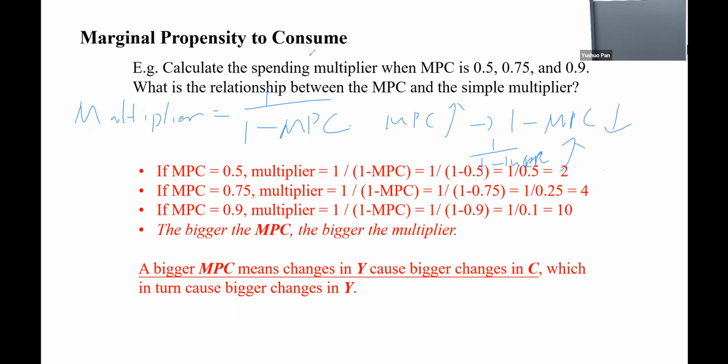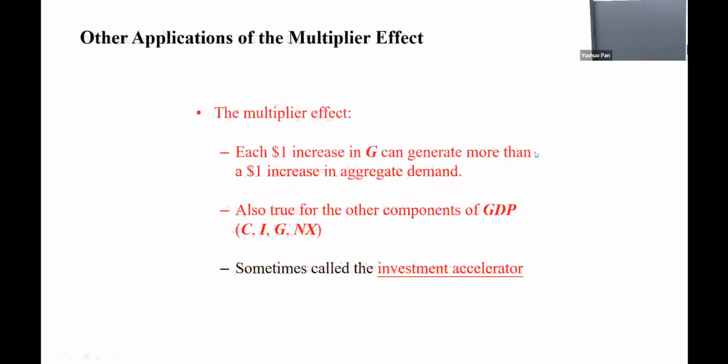A big MPC means changes in Y cause a big change in C, which in turn causes a bigger change in Y. The multiplier effect. From the example, it means each $1 increase in G can generate more than a dollar increase in aggregate demand, because the consumers are going to use the actual real income to consume.